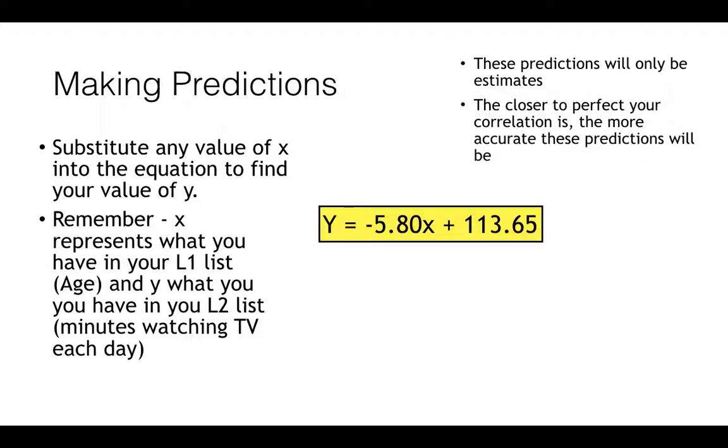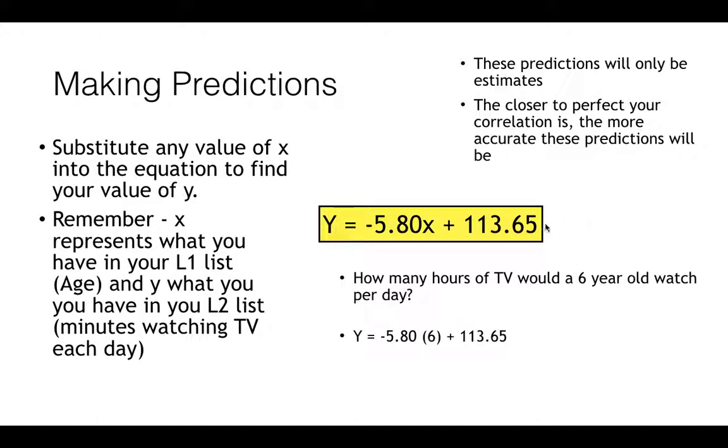So here's my equation, and here's my question. How many hours of TV would a 6-year-old watch per day? So a 6-year-old, that's age, so I'm going to replace this value of x with the value 6. So y equals, remember y in this case is the number of hours spent watching TV, negative 5.80 multiplied by 6 plus 113.65.